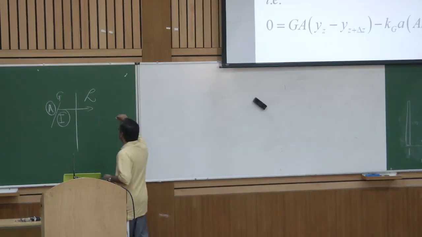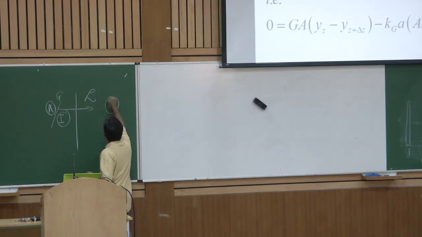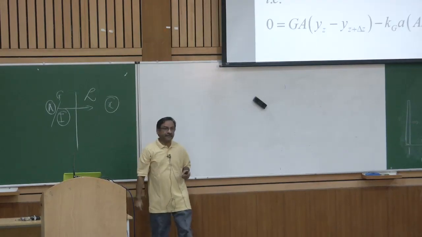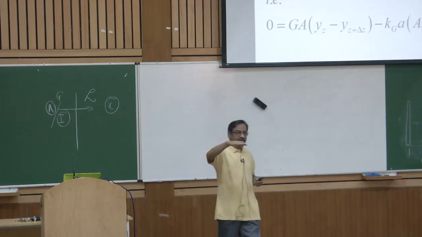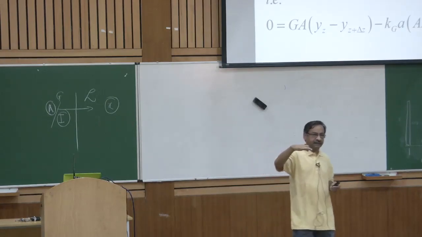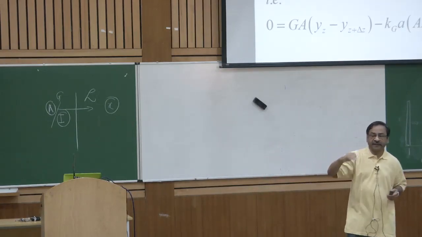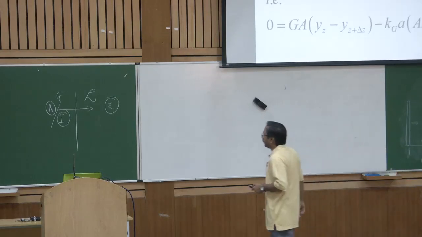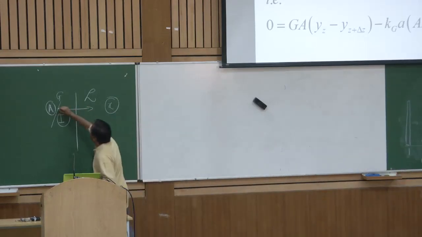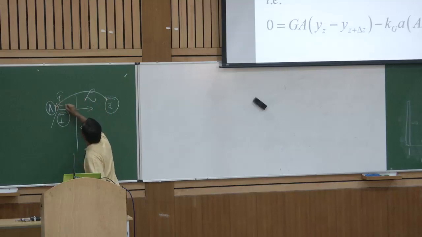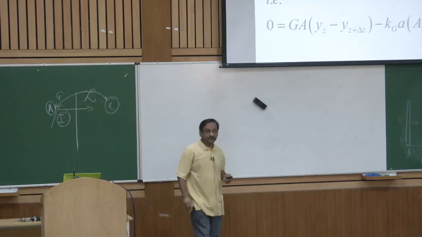So, let us say for the time being that within a column, within a packed tower, at a certain location, let us say height z, the local liquid contains the dissolved solute A at a concentration which gives you a mole fraction x.